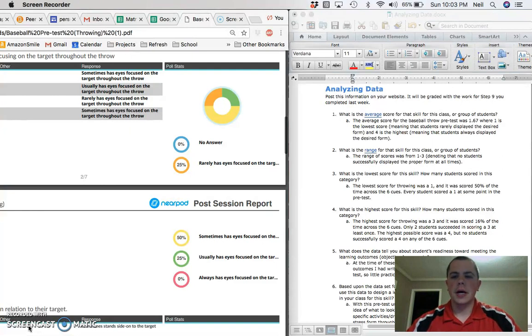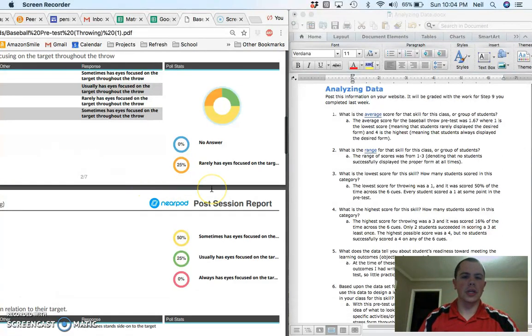The highest score for this skill was a 3, and it was scored only 16% of the time across the 6 cues. There were only 2 students that actually successfully scored a 3. No students scored the highest possible score of a 4, showing that there were no students that accurately displayed the cues at all times.